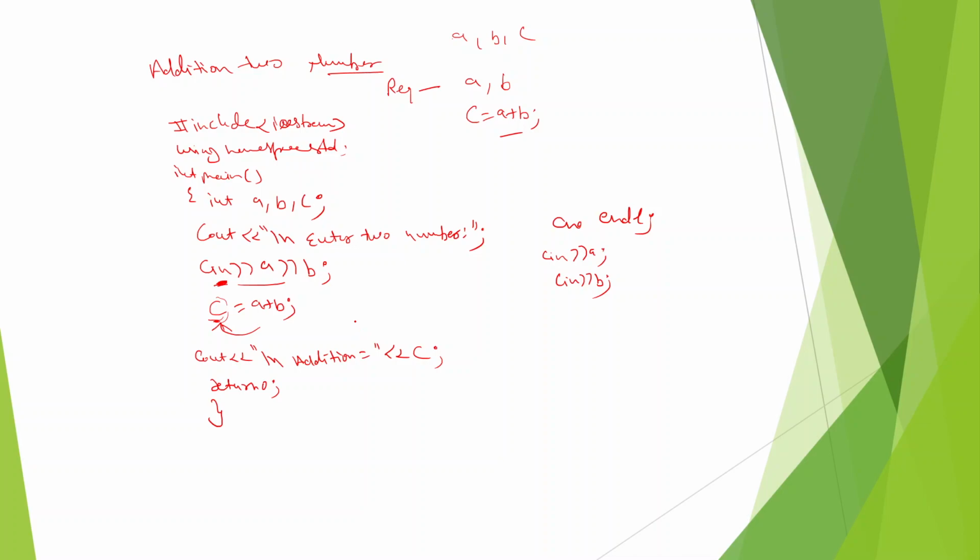This is our addition of two numbers. If you need more, then you define here D, E, F as per your requirement. Then here you also mention the C, and the result of all these is stored in D. Accordingly you can change, it depends on you.